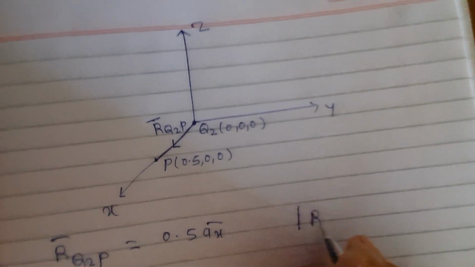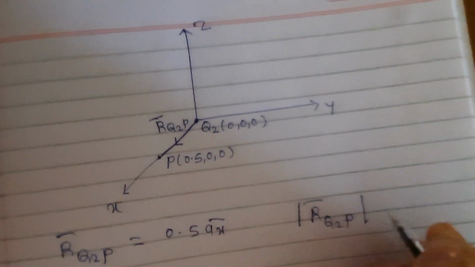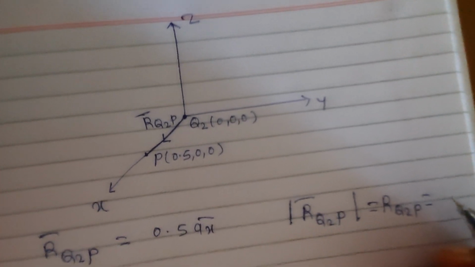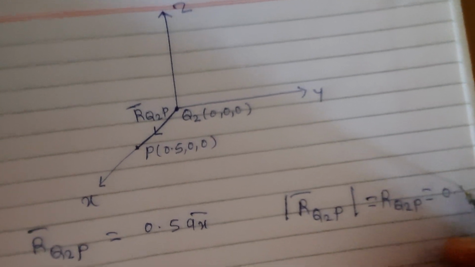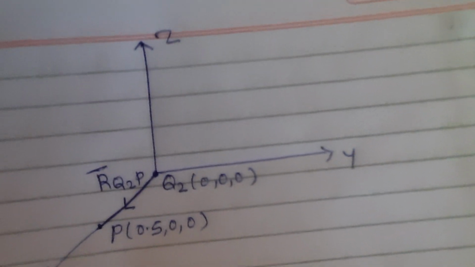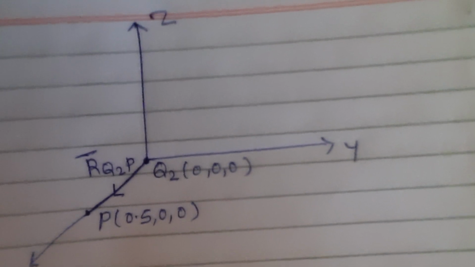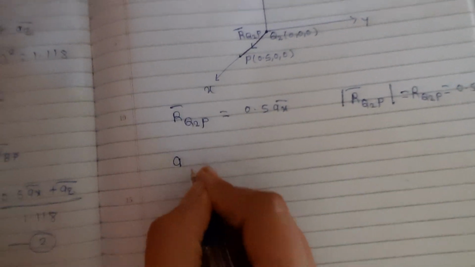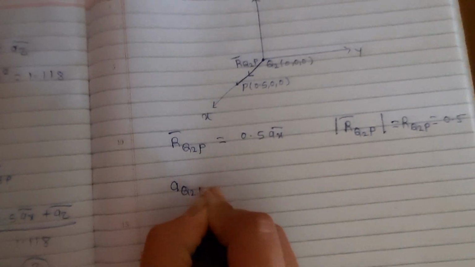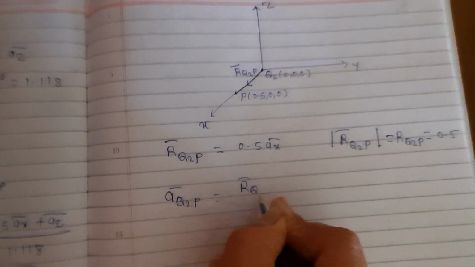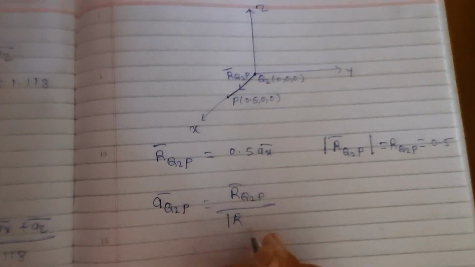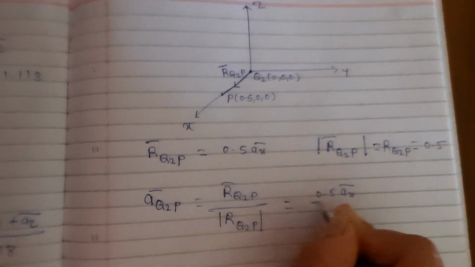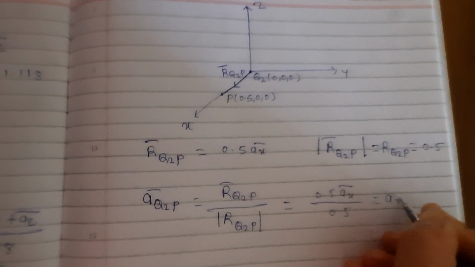So mod of R_Q2P is equal to 0.5. Similarly, unit vector a_Q2P bar is equal to R bar Q2P divided by mod of R_Q2P. So it is 0.5 ax bar divided by 0.5, that is equal to ax bar.